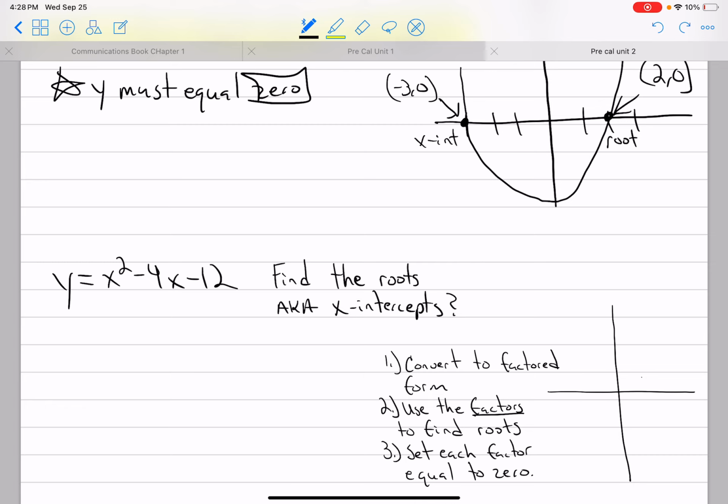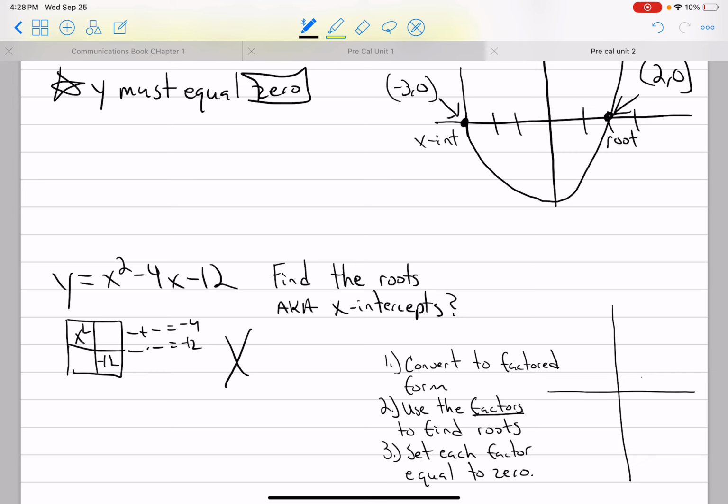Okay, so let's go ahead and factor this bad boy right here. And I'm going to do it real quick, right? So we have x squared minus 4x minus 12. They have to add to -4, multiply to -12. So what is that?